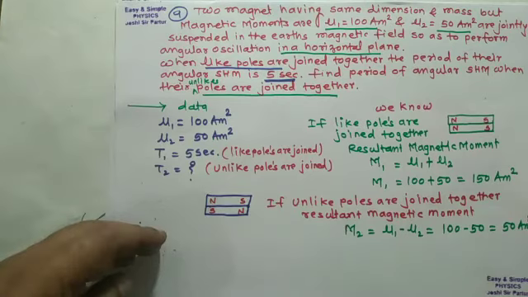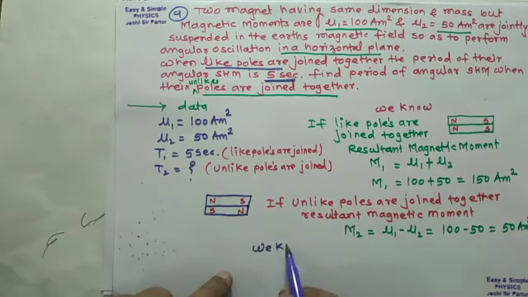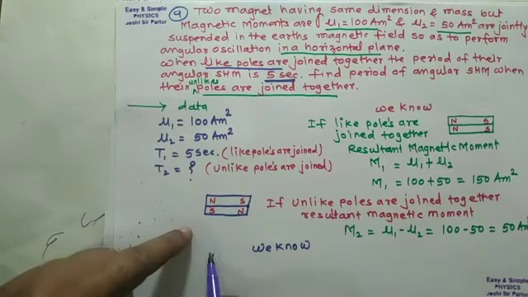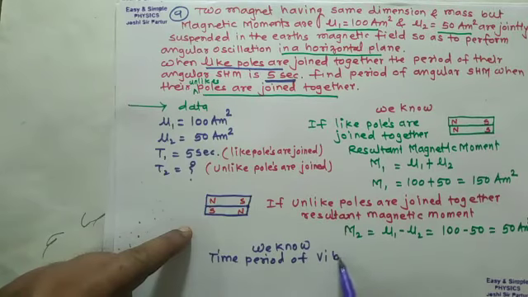Two magnetic moments are given. Again here we know the time period of vibration of a magnet.